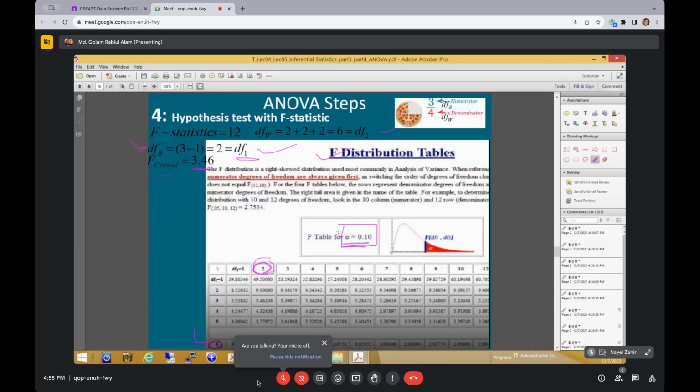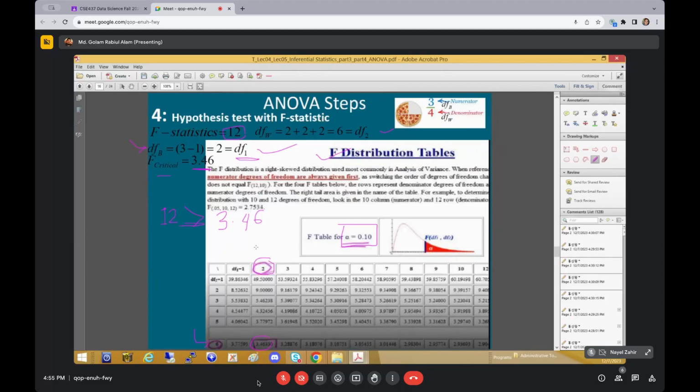We got the F statistic is 12, and F critical is 3.46. So 12 is greater than 3.46.